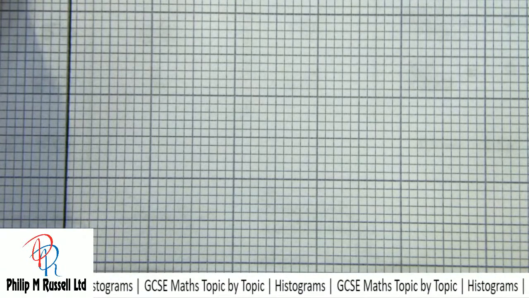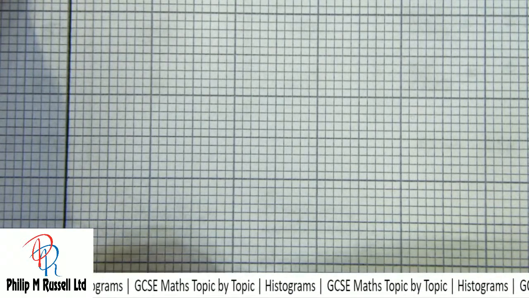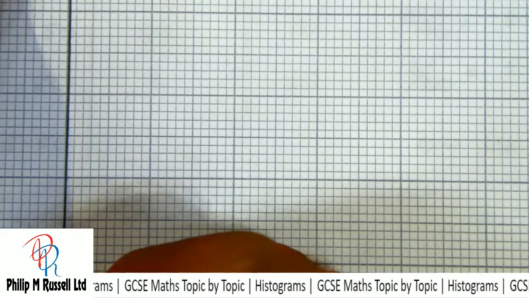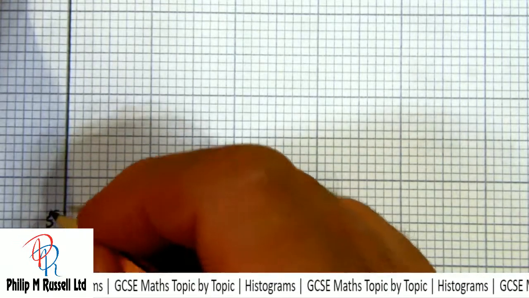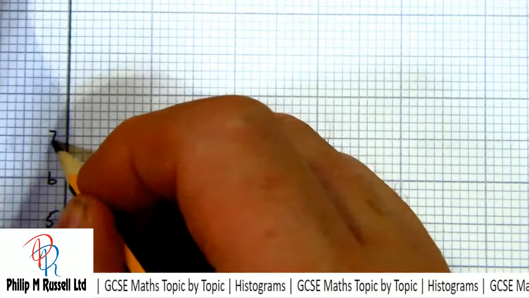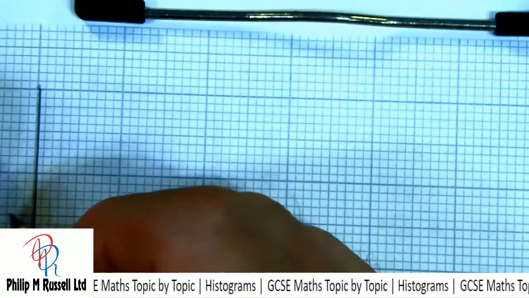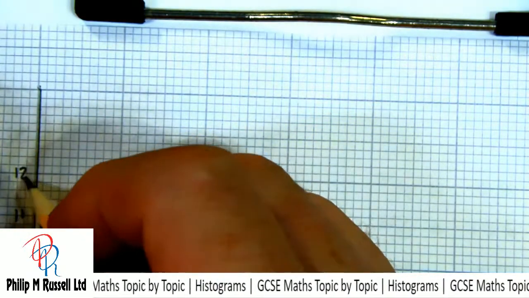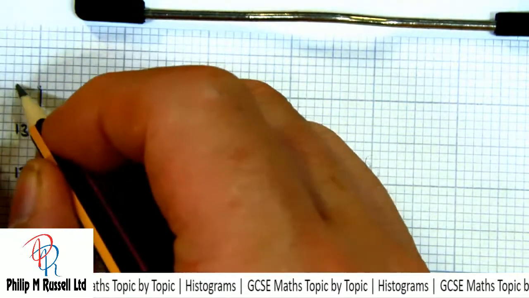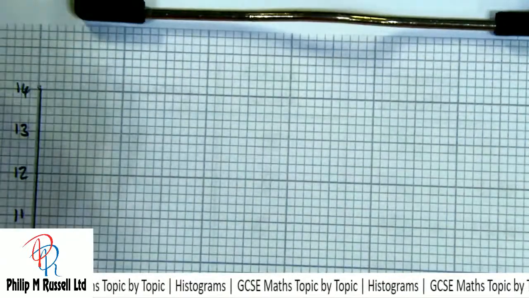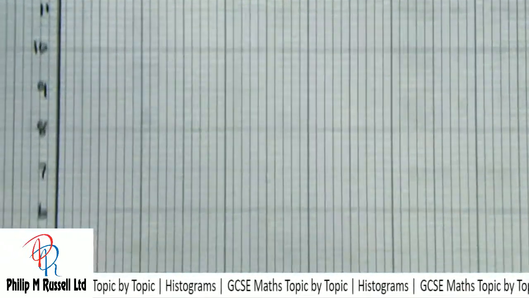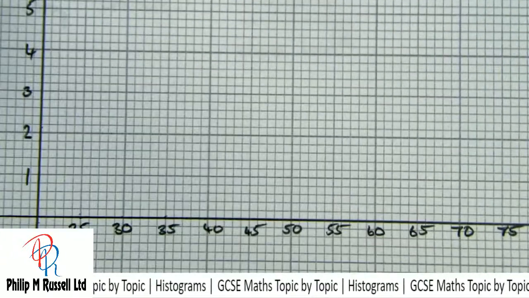So this is going to be 1, 2, 3. So I've got now some sort of scale ready to go.